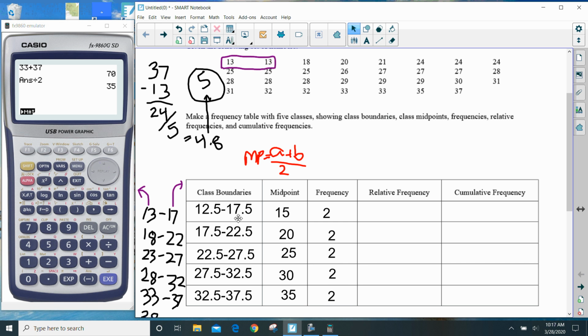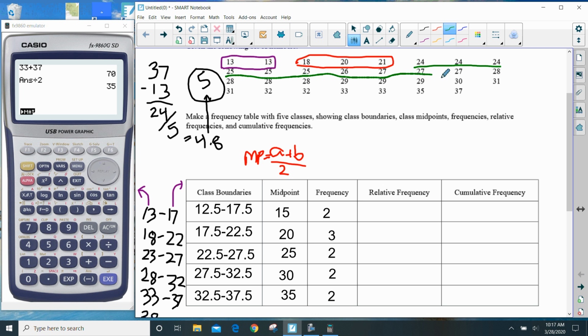All right, so next one is 18 to 22. 18 going up to 22 would be those guys right there. So there are going to be 3 of those. 23 to 27 starts here and goes 1, 2, 3, 4, 5, 6, 7, 8, 9, 10. So there's 10 in that group.